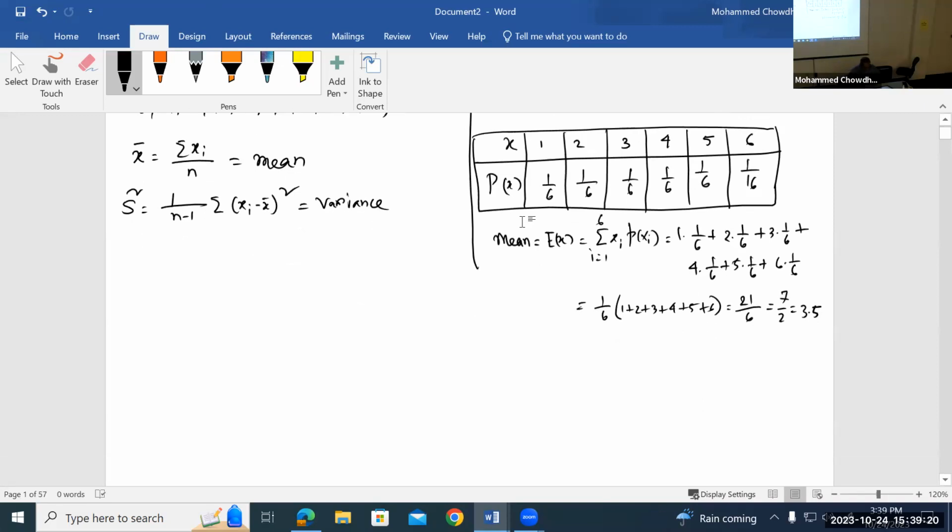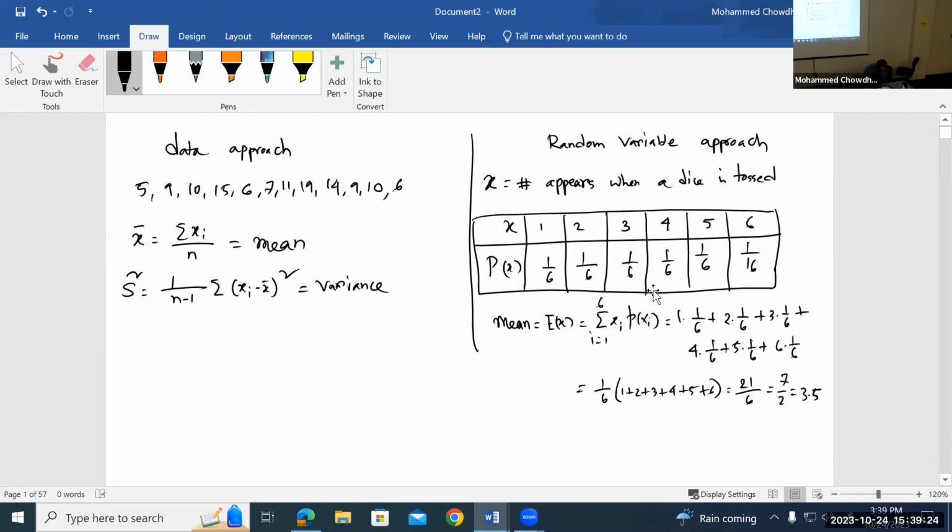So now what is the variance? How can you find the variance for this approach? Variance of x equals expected value of x square minus expected value of x whole square. So the expected value of x square means 1 square times 1 over 6, 2 square times 1 over 6, and so on.